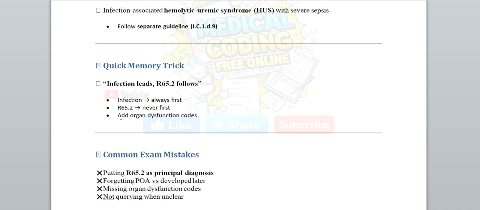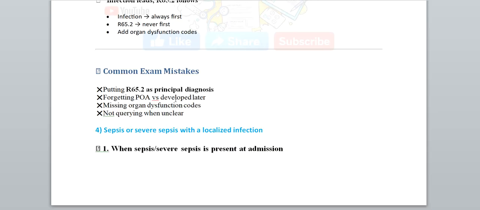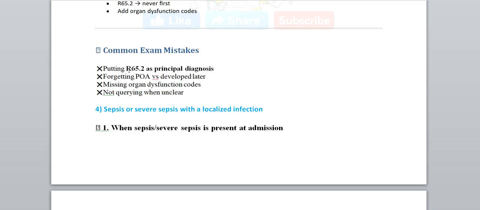Quick memory trick: infection leads, R65.2 follows. Infection always first, R65.2 never first. Add the organ dysfunction code. Common exam mistakes: putting R65.2 as principal diagnosis, forgetting POA versus developed later, missing the organ dysfunction codes, and not querying when unclear.